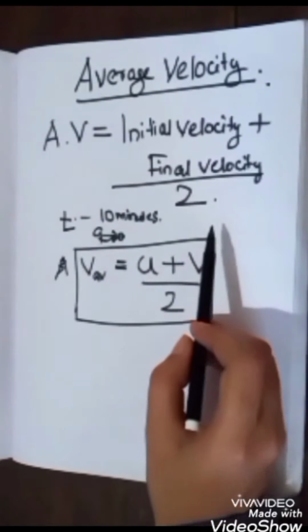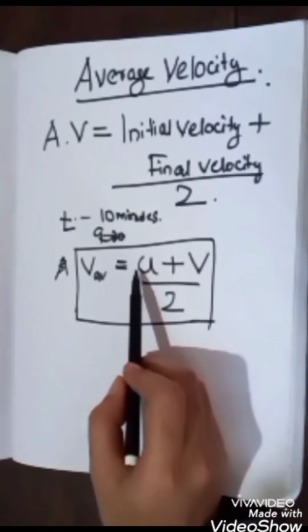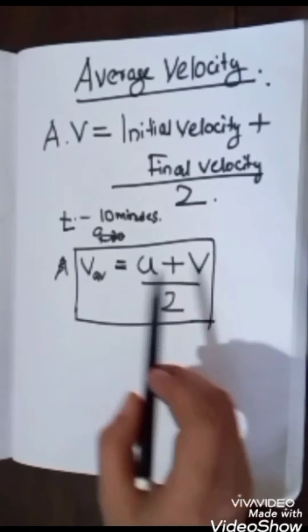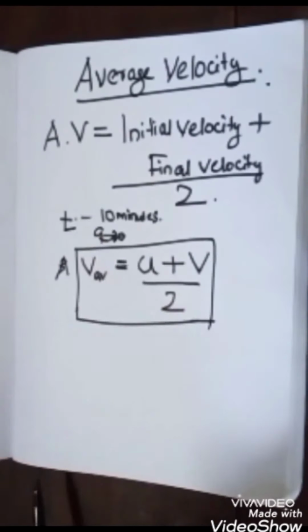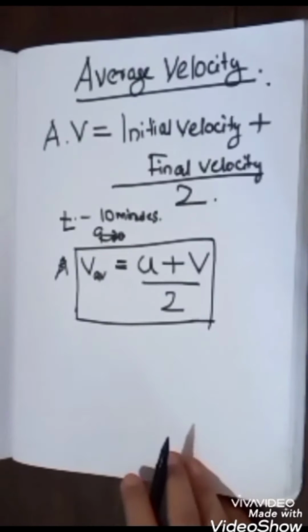That is, average velocity is the arithmetic mean of initial velocity and final velocity for a given time interval t. What is the unit of average velocity? The unit of average velocity is also meter per second. Hope you are clear on velocity and average velocity.